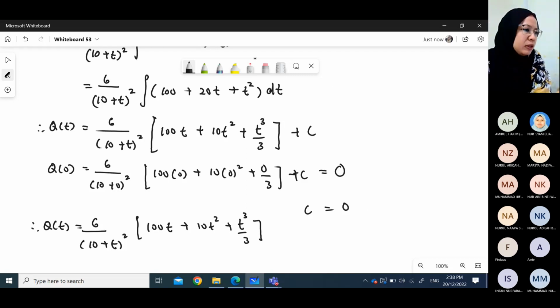Okay, so tak perlu kita letak plus 0 ni, no need lah sebab dia memang dah kosong kan. Okay, so this means that this one is the equation that we have developed from the information given, which is Q of t equivalent with 6 over (10 plus t) squared times 100t plus 10t squared plus t cube over 3.